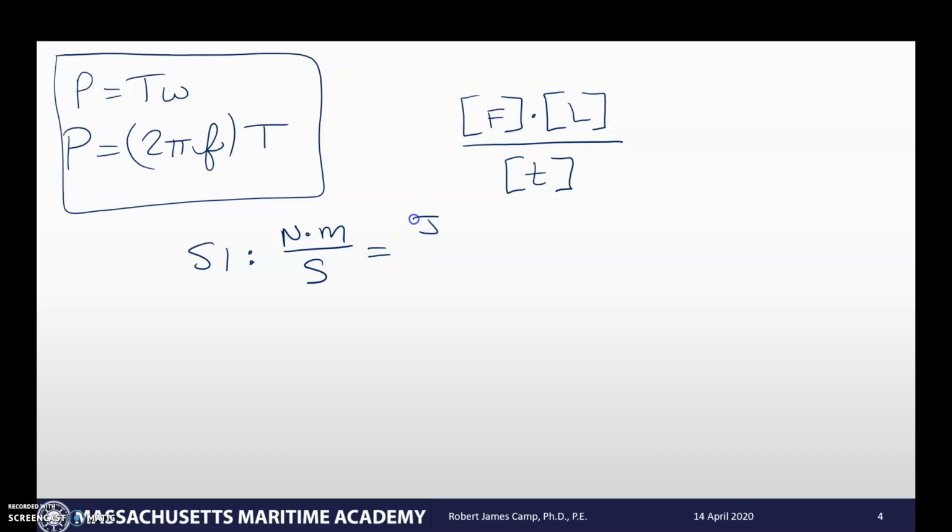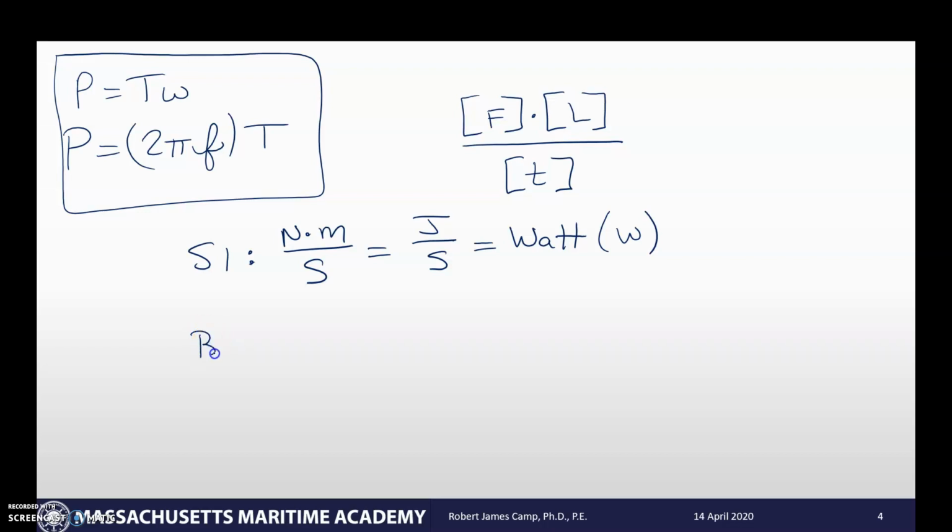This would be the same thing as a joule per second, because a Newton meter is a joule. And a joule per second would be what we call a watt, or just W. So Newton meter per second, joules per second, watt, all of our normal units for the SI system.